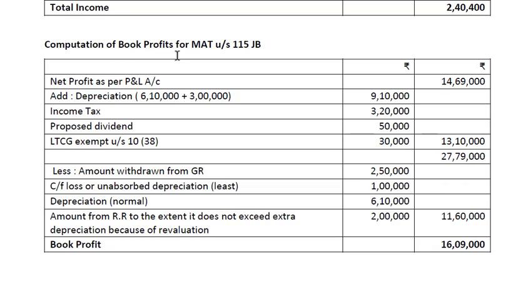Computation of book profit for minimum alternate tax. So first we take the net profit, add depreciation. Here depreciation is excess depreciation, we need to actually add. Then income tax, proposed dividend, long-term capital gain exempt under section 10 subsection 38.